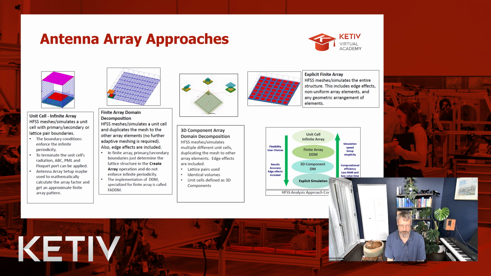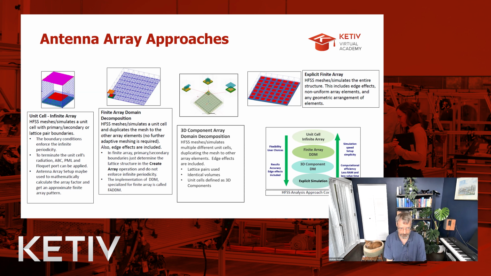Given that assumption with that infinite periodicity boundary condition, we can mathematically calculate the array factor to get an approximate finite array pattern, but we neglect edge effects. So it's slightly less accurate, but it's also much faster because we're just doing one unit cell as opposed to multiple unit cells.